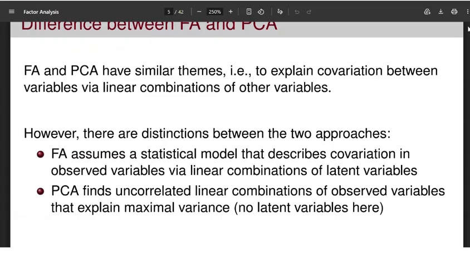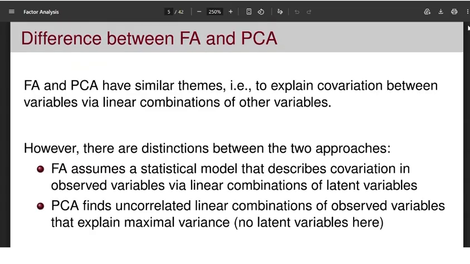So what is the difference between factor analysis and principal component analysis? I think it's going to make sense, before talking about the difference, to look into the similarity.